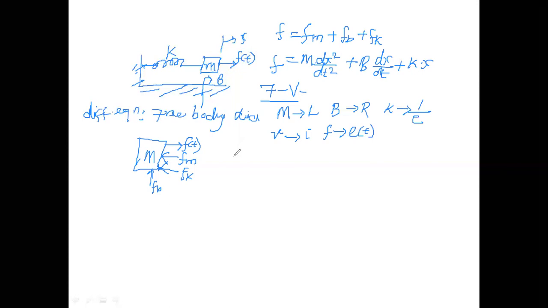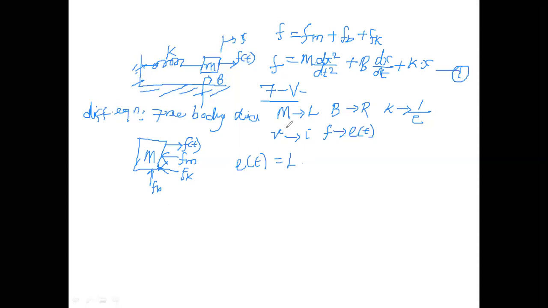Understood? So for this equation number 1, you can write its corresponding force voltage analogous equivalent. For F, you put E of t. E of t is equal to, for M, you need to put L, so L into d squared x by dt squared.